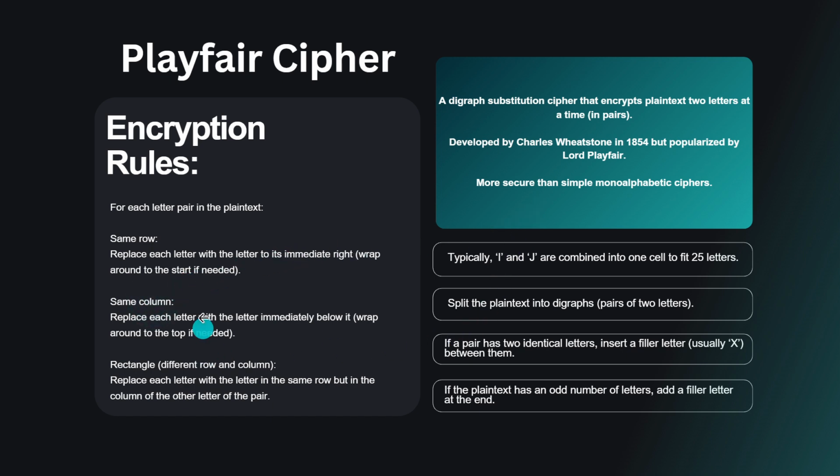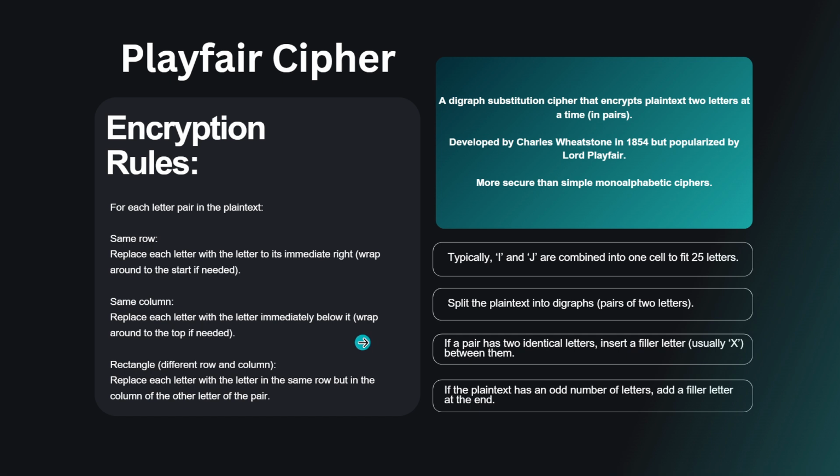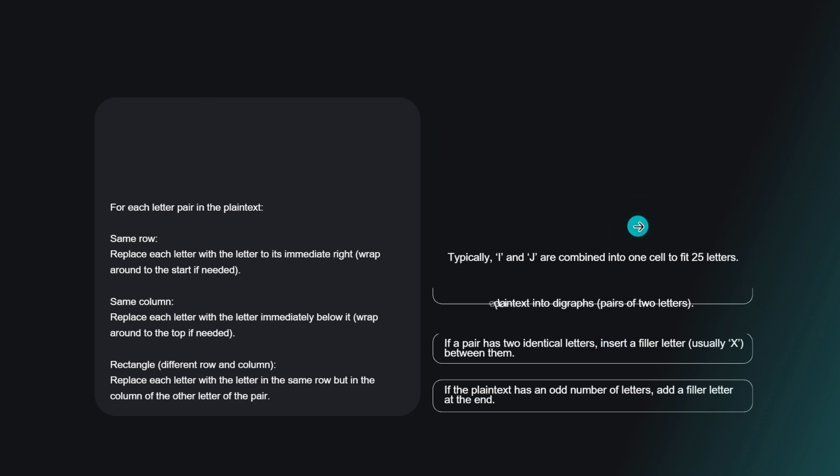Yes, I mentioned it here. If in the same column, use the one below. If in a rectangle, swap columns but keep the row. This made cryptanalysis harder than single letter ciphers, especially in World War One and Two.